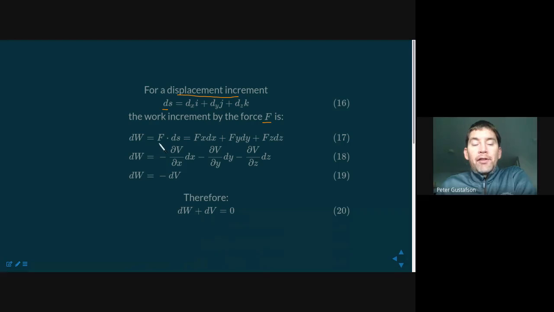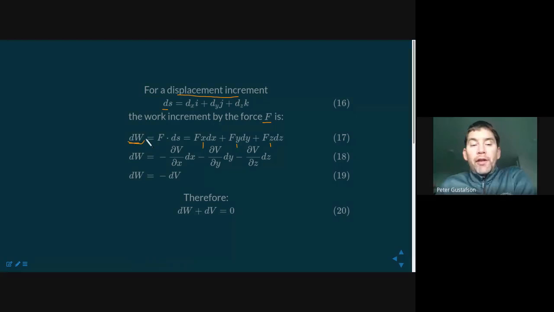So when we have a small increment of displacement, we get an increment of work. And that is rather straightforward: it's the Fx component in the dx direction plus the Fy component in the dy direction plus the Fz component in the dz. And really, these should be subscripted. I don't know why they're not. I'll try and remember to fix that next time.